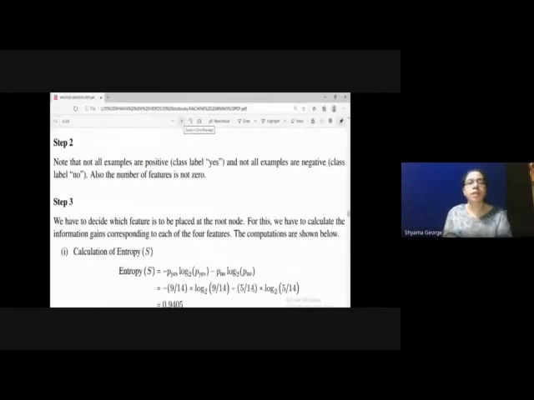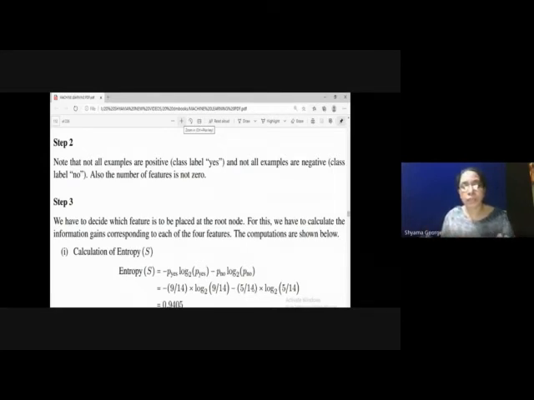So for that, we have to consider the entropy of the entire data set. First we have to calculate the entropy of the entire data set. We know the class labels are yes or no, and there are 9 records with the value yes and 5 records with the value no. This information is enough for us to calculate the entropy.